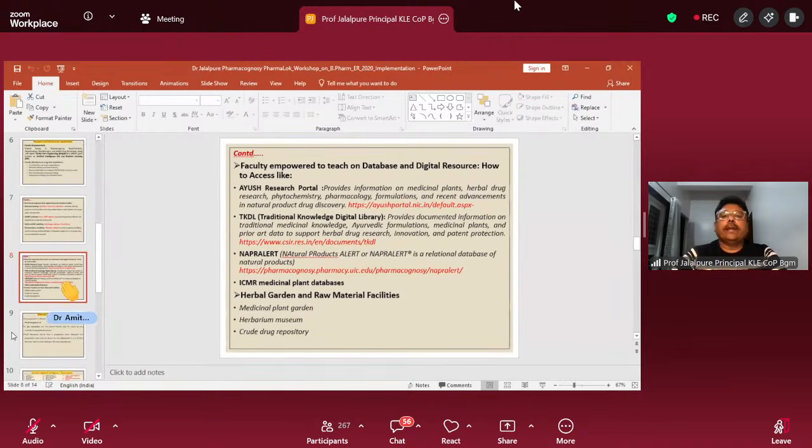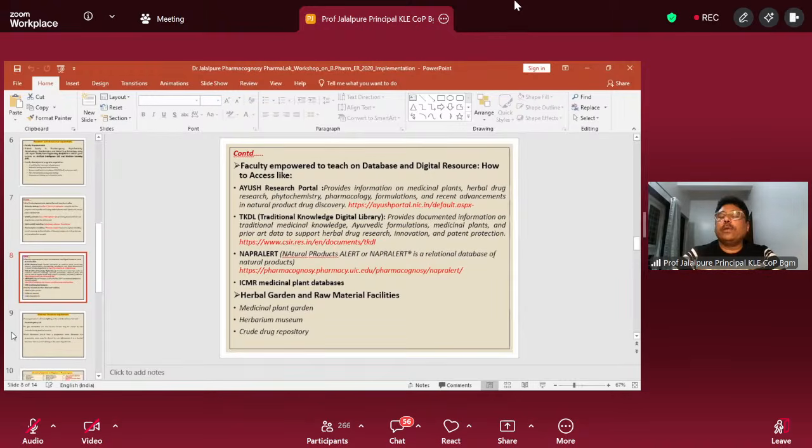And TKDL, the Traditional Knowledge Digital Library. This is actually there in the postgraduate syllabus, but it has been put in the undergraduate syllabus too. It is an important resource for the students, as it gives documented information on traditional medicinal knowledge, Ayurvedic formulations.